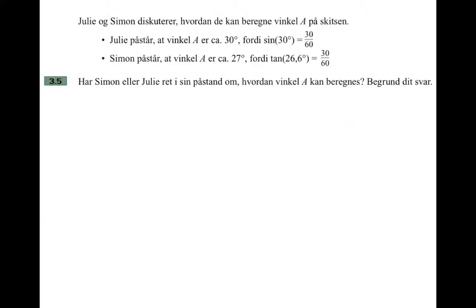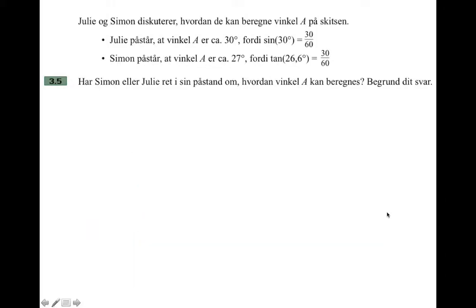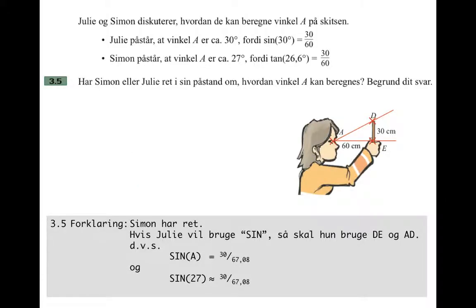So just going back to my flowchart there, you've got in the corner there the things labelled. And when you've got the opposite and the adjacent, it's tan. Okay, so Simon is right. He's using tan.